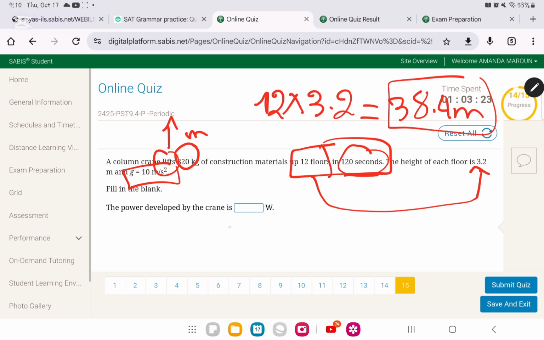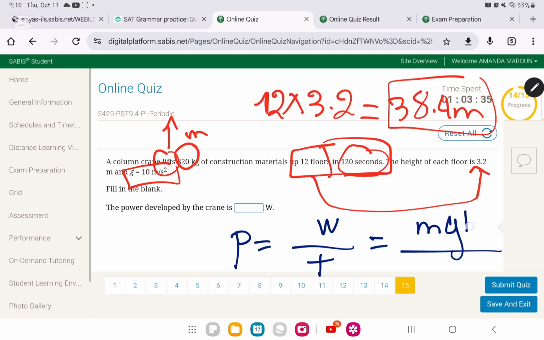So they're asking for the power. We know power is equal to work over time. Work in this case, we have the mass, we have the g, and we have the h. They didn't tell us gravitational potential energy, they didn't tell us gravity, so it's neither plus nor minus. It's just absolute value, mgh. Imagine there is an absolute value, so it will stay always positive, mgh. Now, over the time, which is 120 seconds.